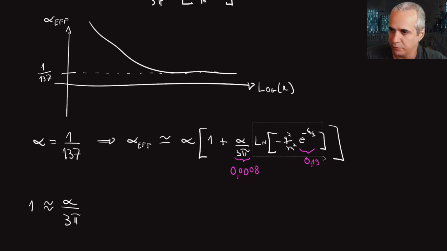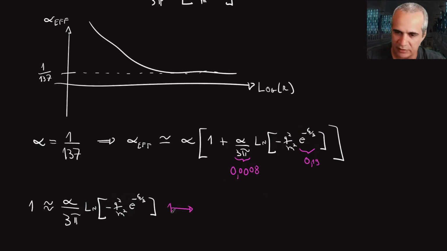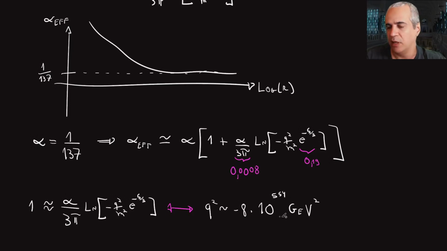Let me copy this here, plug the numbers here and solve. It turns out that this is true for q squared of the order of minus 8 times 10 to the 554 gigaelectron volts squared, since I'm talking about q squared.